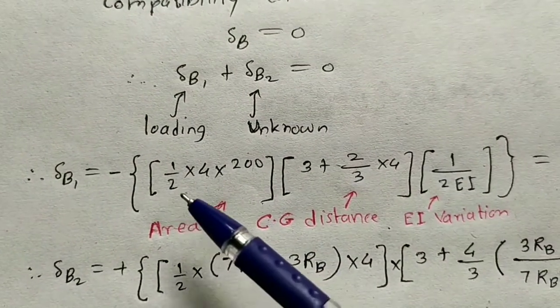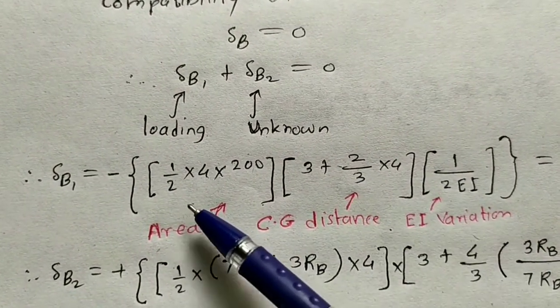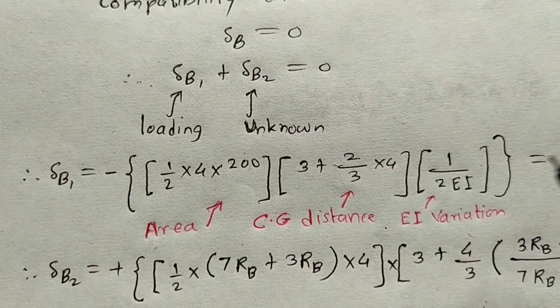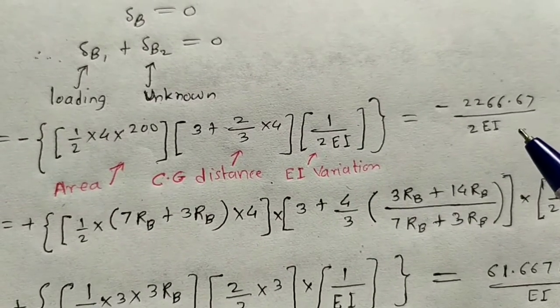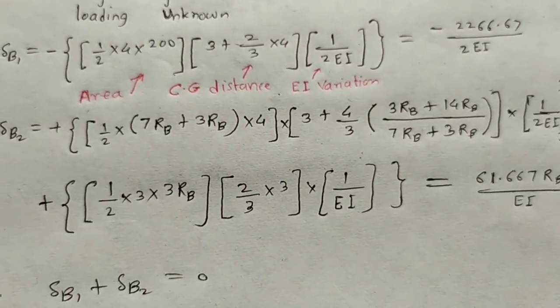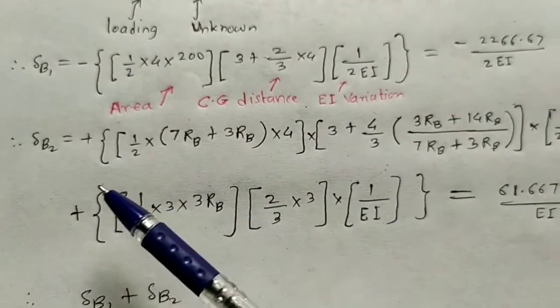So we have written this equation, that is area multiplied by centroidal distance multiplied by 1 upon EI. We are getting this value. Next we do the same thing for finding delta B2.